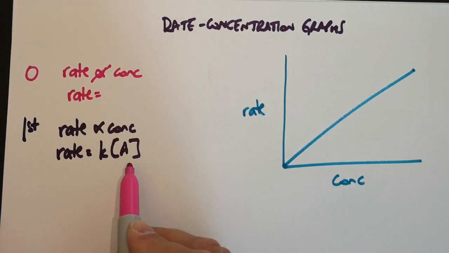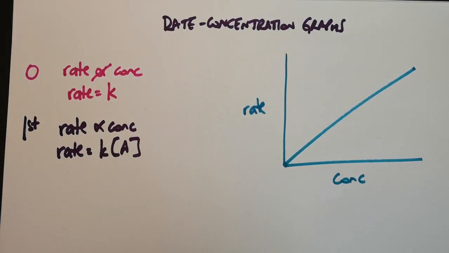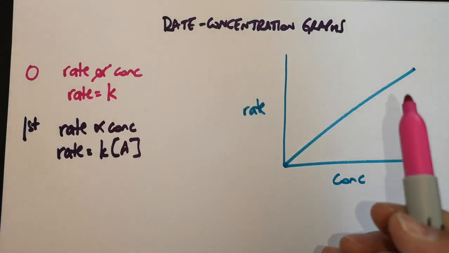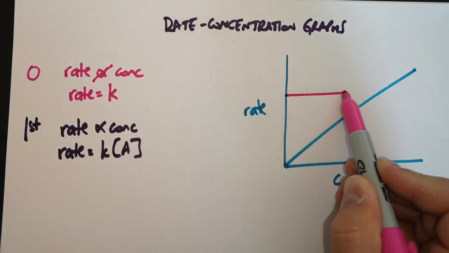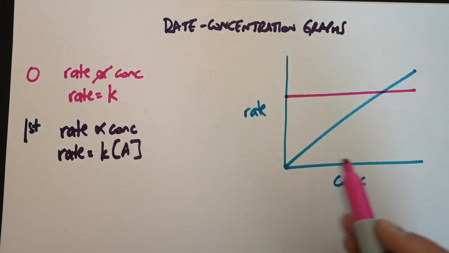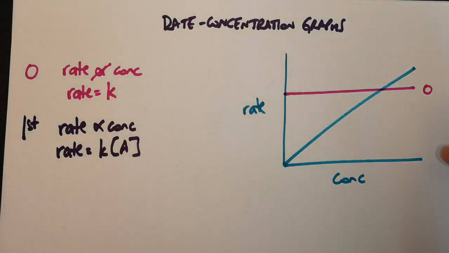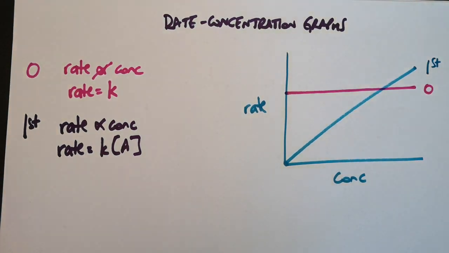So in the case where there would just be A reacting, the rate would actually just be equal to k, and the concentration is not even involved in the rate equation. The result on the graph is that you would then have a horizontal line, because even if you cranked the concentration up to a very high level, the rate would still be the same. So that is zero order. That's first.